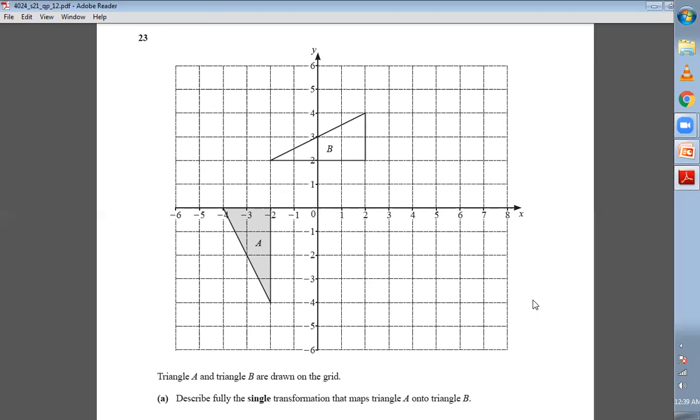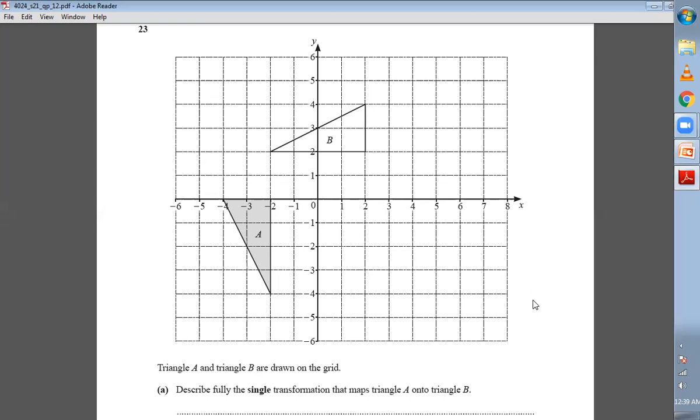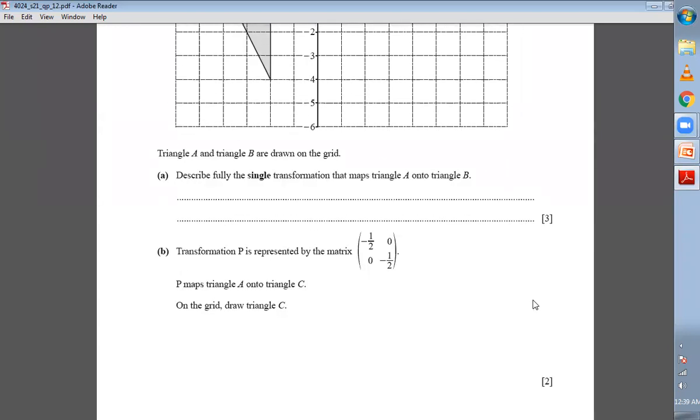Where both the perpendicular bisectors intersect each other, that will be the center of rotation. Okay, so let me show you the question. It's a 3-mark question. They say triangle A and triangle B are drawn on the grid. Describe fully the single transformation that maps the triangle A onto the triangle B. Let me show you how I have done my work.